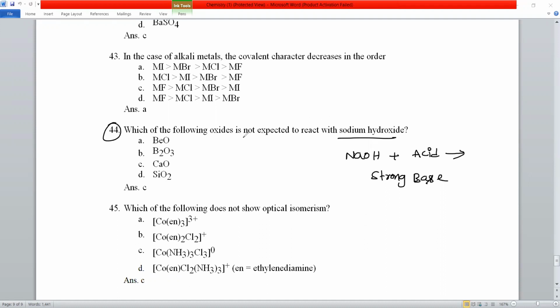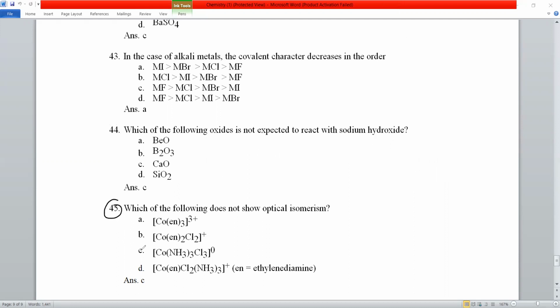So he is asking which is not expected to react. Beryllium oxide is amphoteric in nature. Amphoteric means it will react with acids and bases, so it will react. B2O3 is acidic, right? So with a base it will react. Calcium oxide is basic, right? Basic does not react with base, right? Obviously answer should be C. So we'll check D also. Silicon dioxide is acidic, so reaction is positive. So option C is the correct answer.